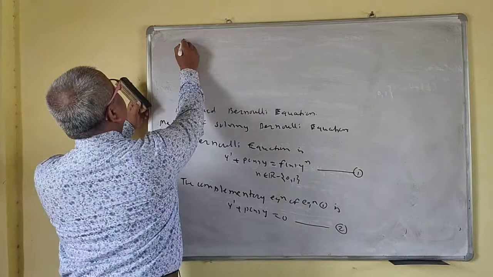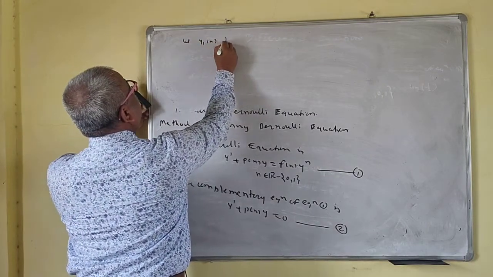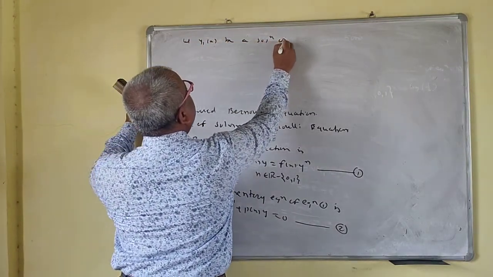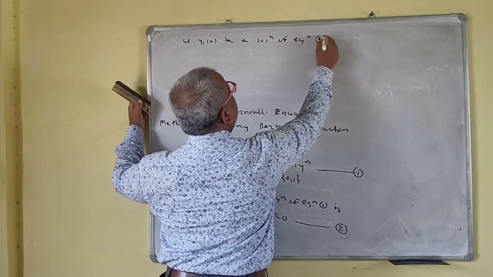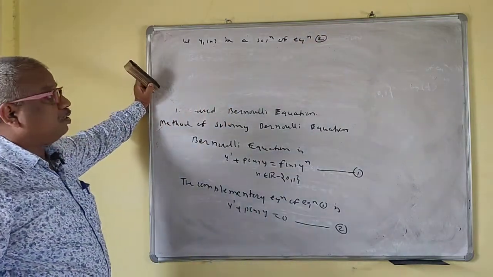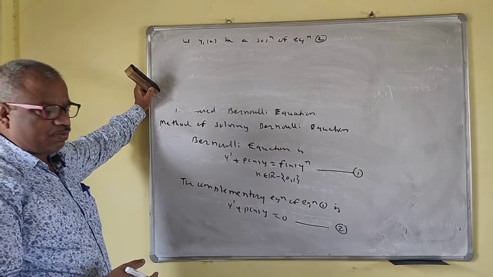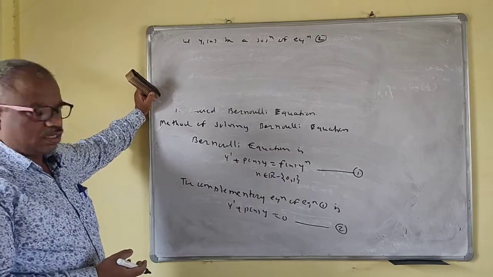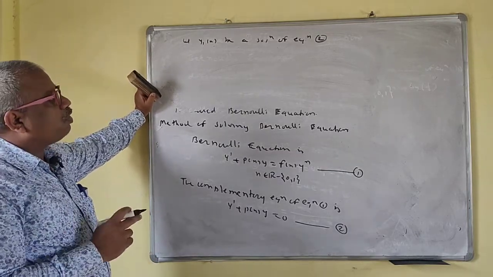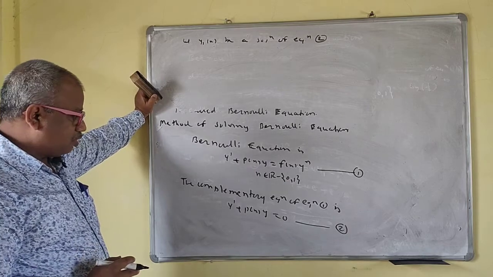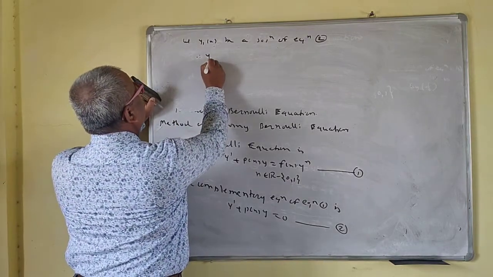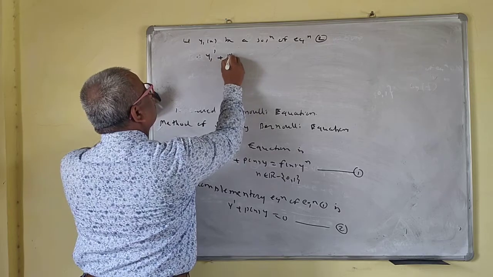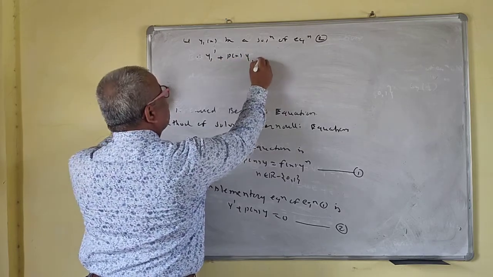So let y1 of x be a solution of equation 2. We know how to find the solution of that one, but here p of x is not given, so we will just write y1 of x is the solution of equation 2. Therefore y1 prime plus p of x y1 is equal to 0.